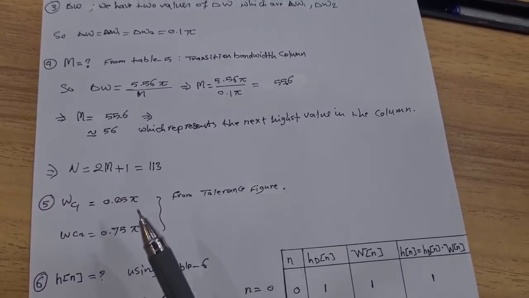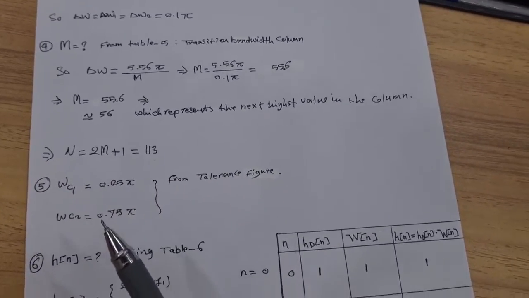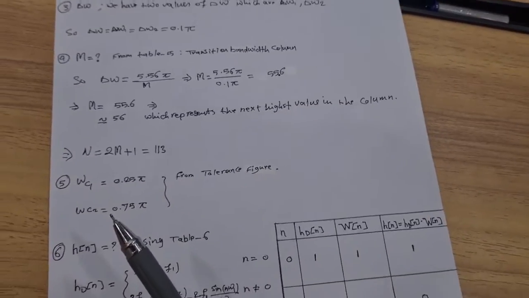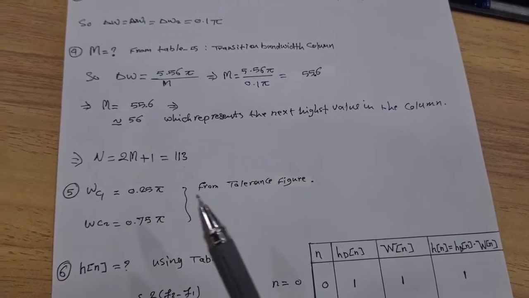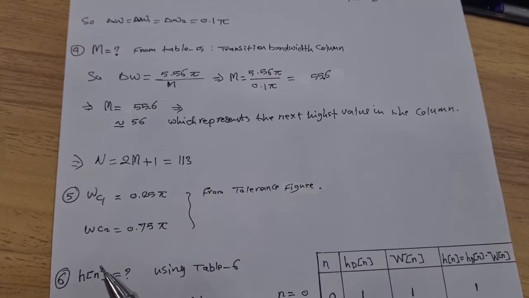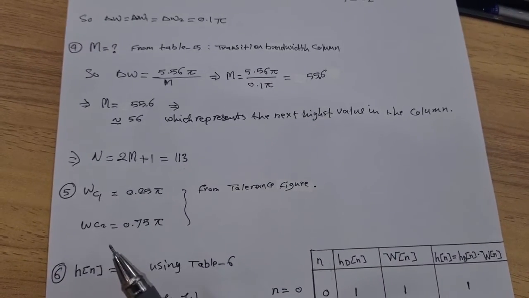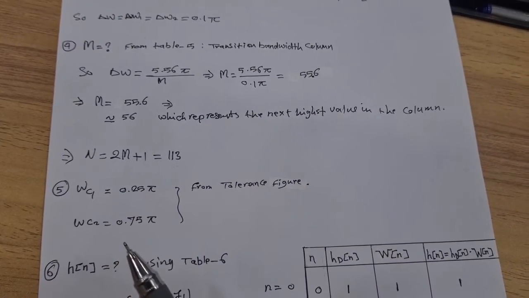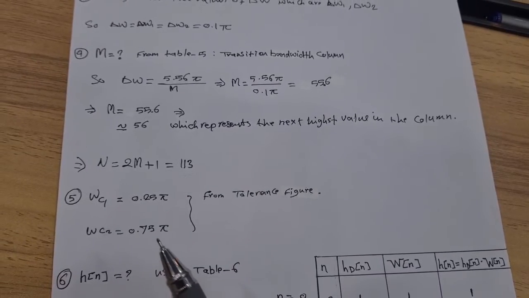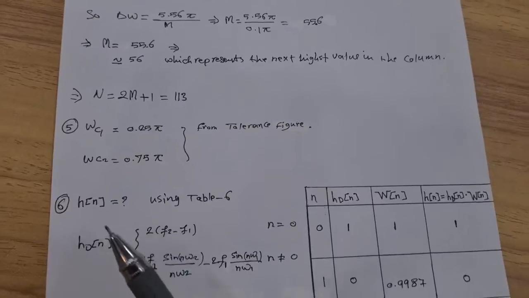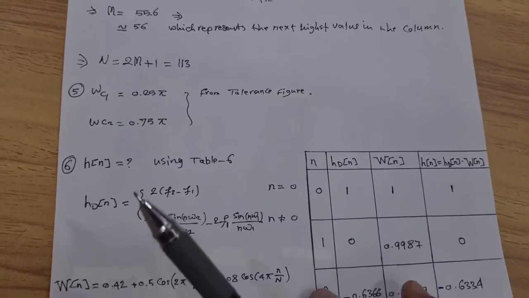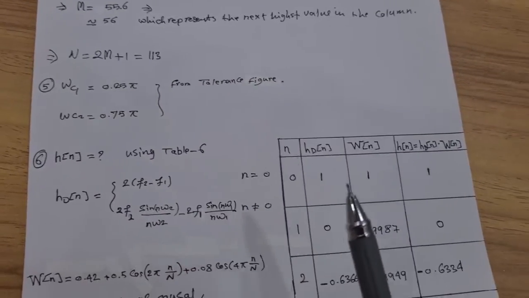113. Okay, so also we must get the cutoff frequency number 1, which is 0.25 pi from the tolerance figure, and cutoff frequency number 2, which is higher, which is 0.75 pi. So we can calculate H of N according to this figure.